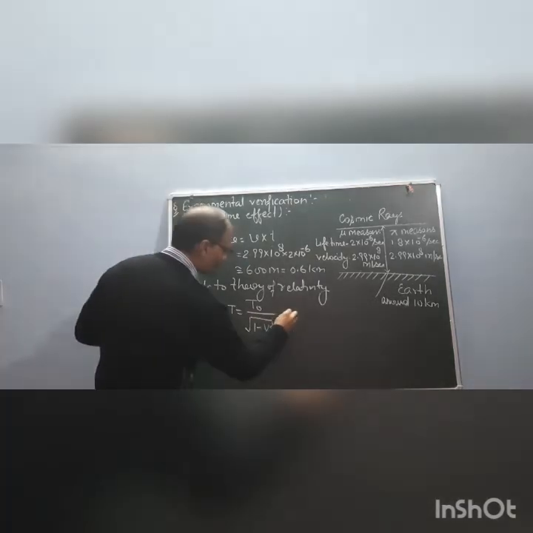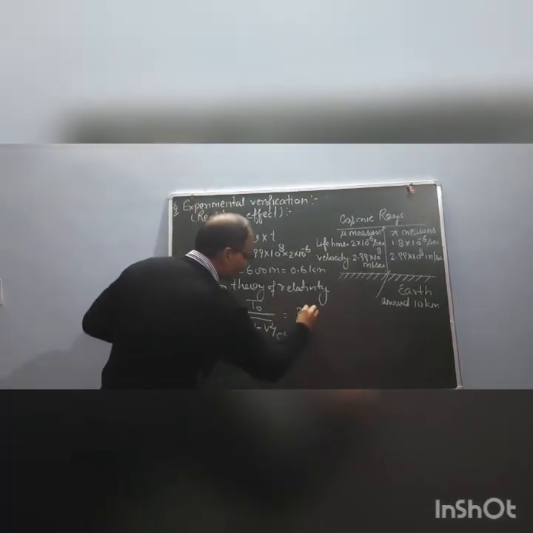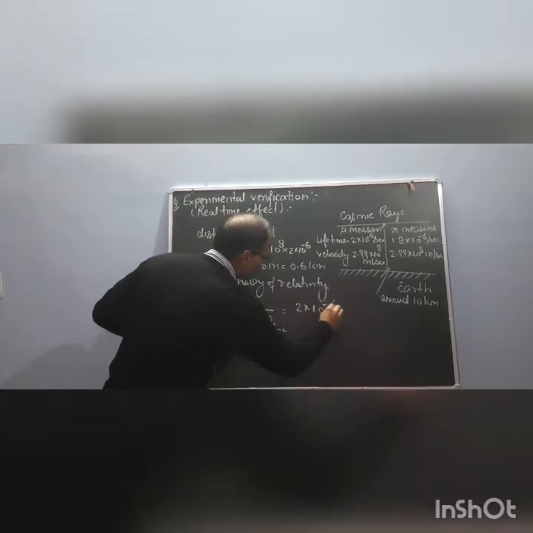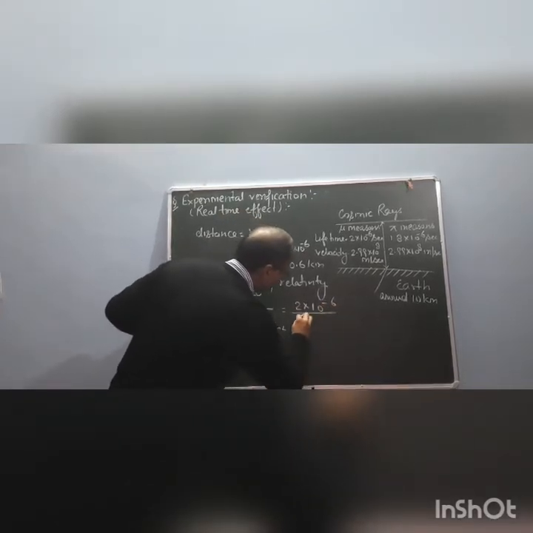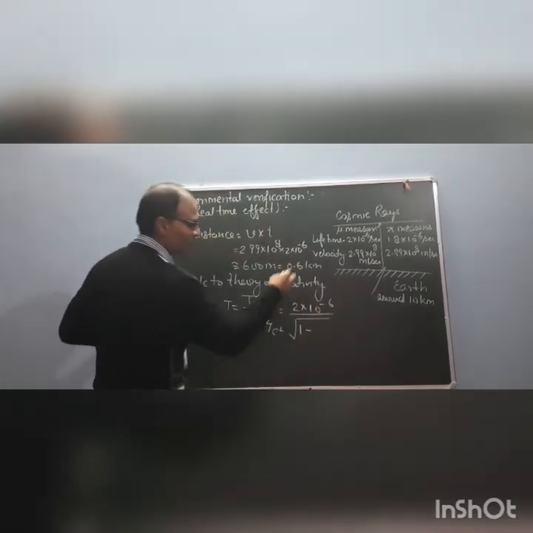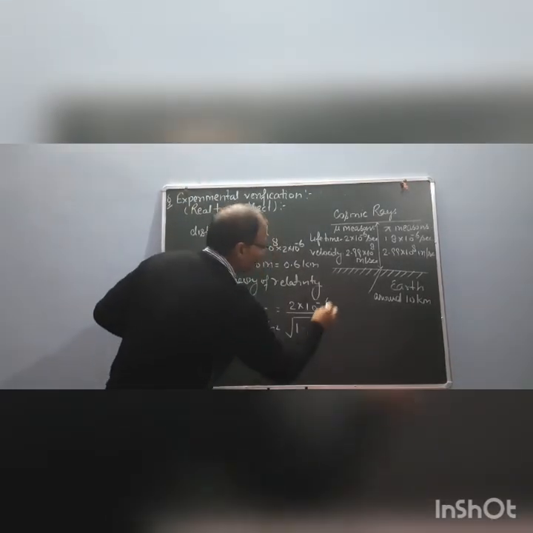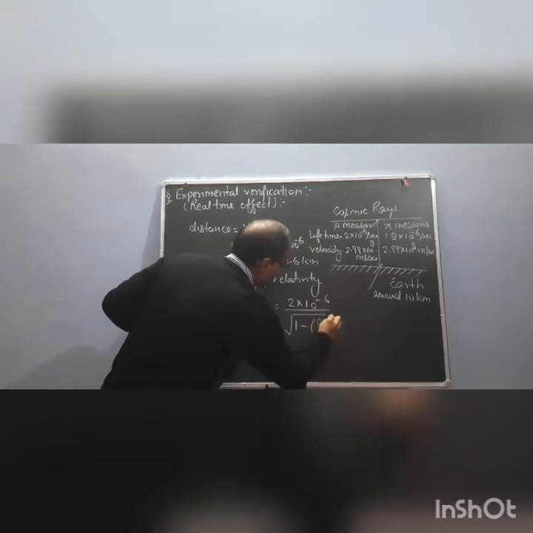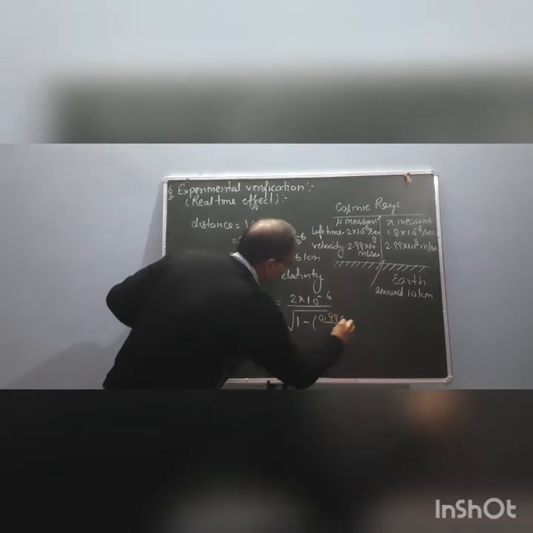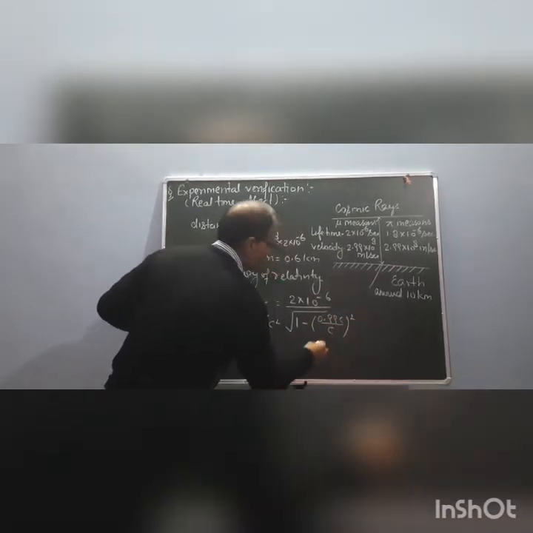So t equal to 2 into 10 to the power minus 6 upon under root 1 minus v, v is 0.99 c, upon c whole square.